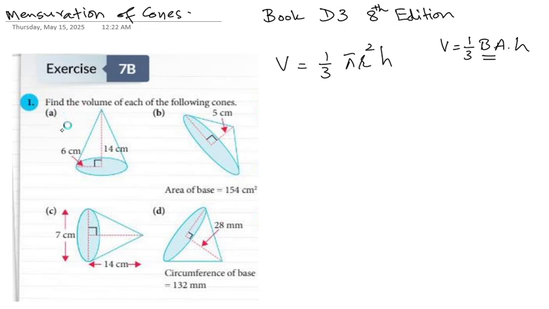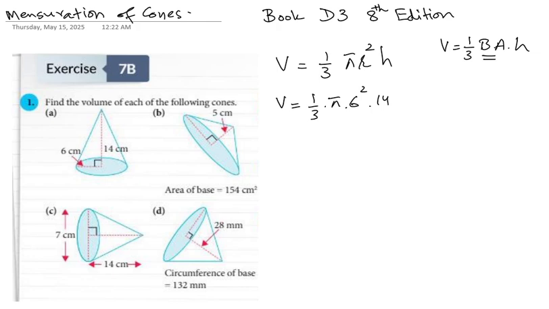So in question number 1, part A, we have the radius which is equal to 6 centimeters and height which is equal to 14 centimeters. So using these values in this formula, we get V equals 1 over 3 multiplied by pi, and r is 6, so 6 square, and multiplied by h, which is equal to 14.